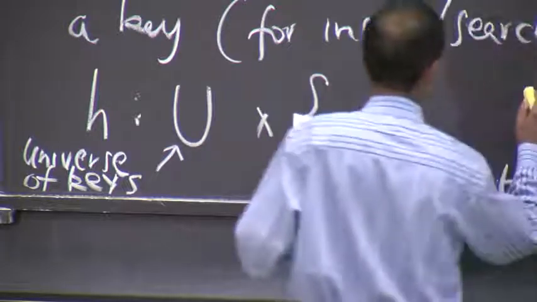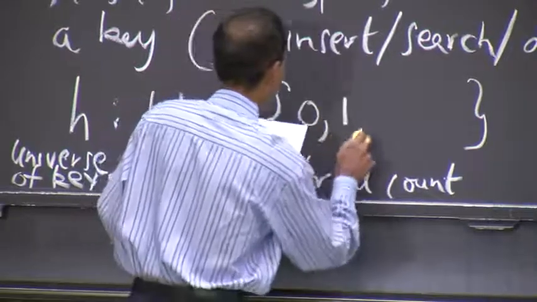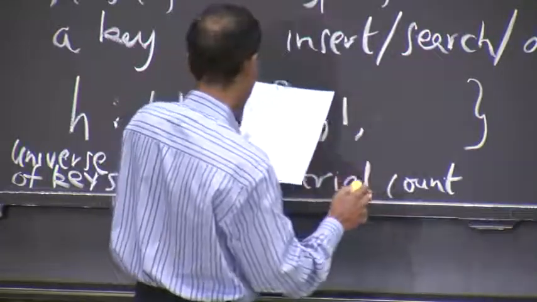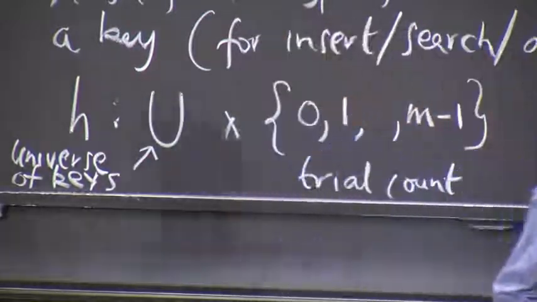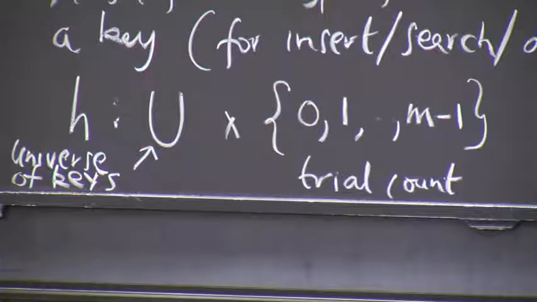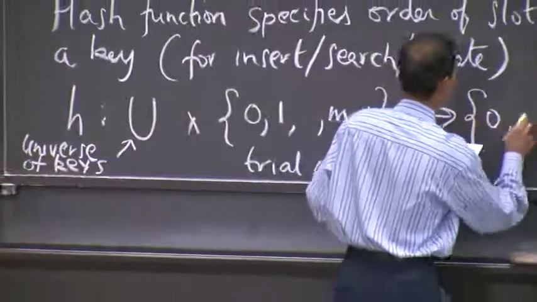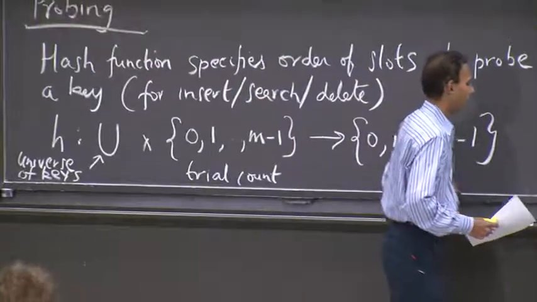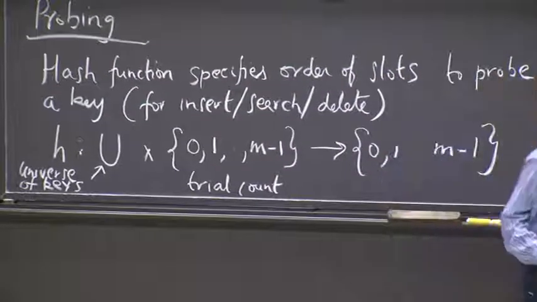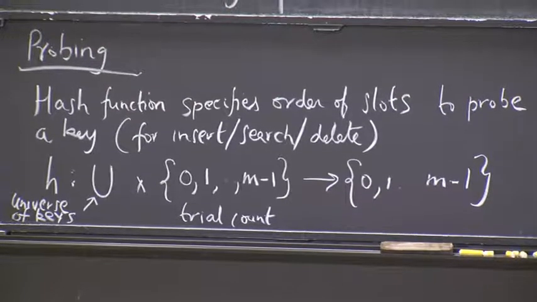But the hash function is going to take two arguments. It's going to take the key as an argument, and it's going to take a trial, which is an integer between 0 and m minus 1. And it's going to produce, just like the chaining hash functions, a number between 0 and m minus 1, where m is the number of slots in the table. So that's the story.